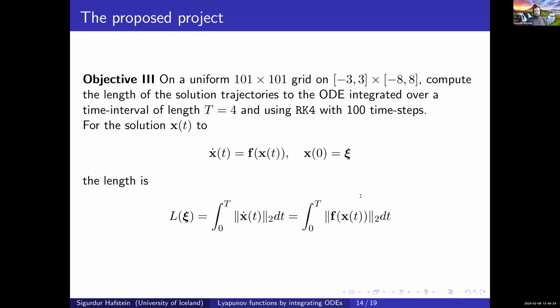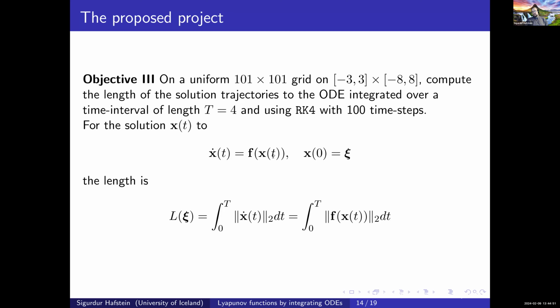And the nice thing about the theory, in my opinion, is that if we have a solution to this differential equation with initial value psi, and we compute the length, L of psi, so this is the length when we start at psi, it will be this integral of the Euclidean norm of the time derivative of x.